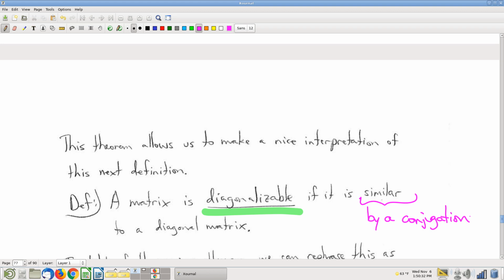A matrix is diagonalizable if there's something you can do to it, namely a conjugation, that's what similarity is, by which you make it diagonal. So the "able" at the end of diagonalizable means by conjugation, and diagonalizable because you're making it into a diagonal matrix. Why we would care about this concept, again, that will come later.